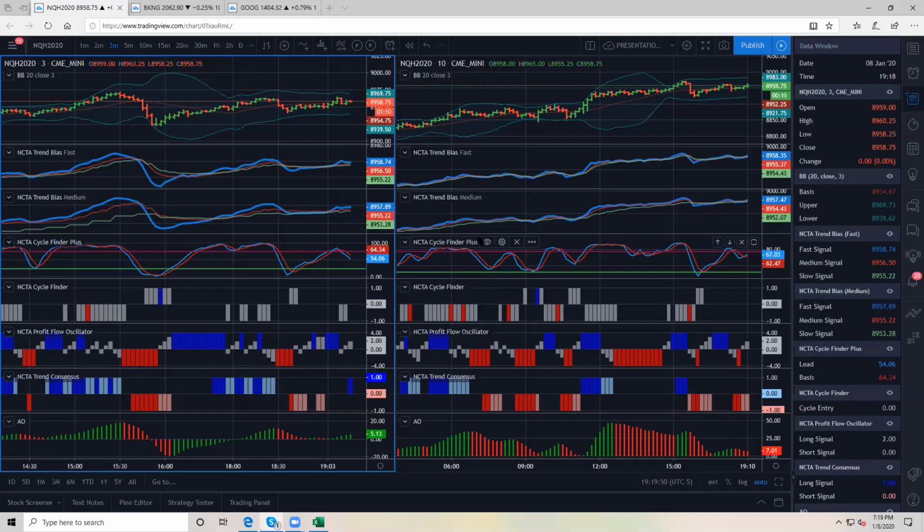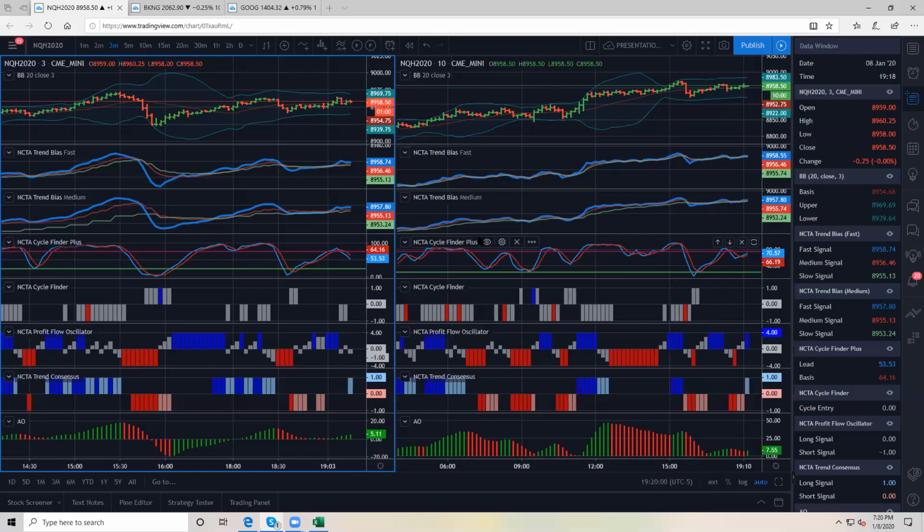Well, and I don't want to jump to questions too quickly here, but this is right in line with what we're talking about. Bob is asking, can the Cycle Finder Plus be used to determine if an after-hours trade is worth taking? I think, Bob, the answer to that is yes, if you do some research. What period of time do you want to trade? What underlying equity are you wanting to trade?